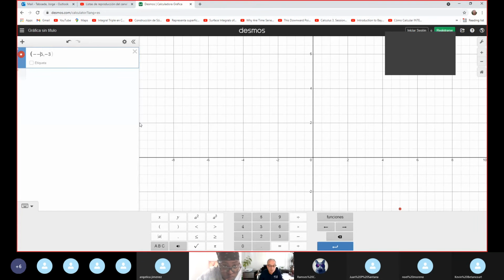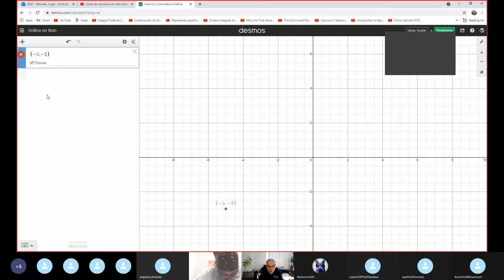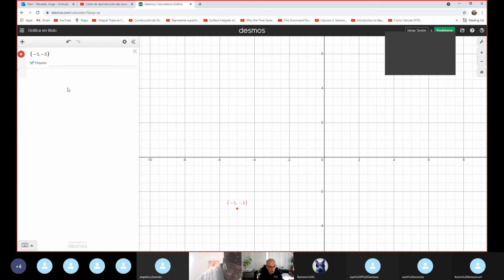Too much negative. And you plot that, in red color. It doesn't matter the color. If you prefer, you select the color: you click on the icon and hold the left mouse, and you select the color and the style of the point. Red is okay.